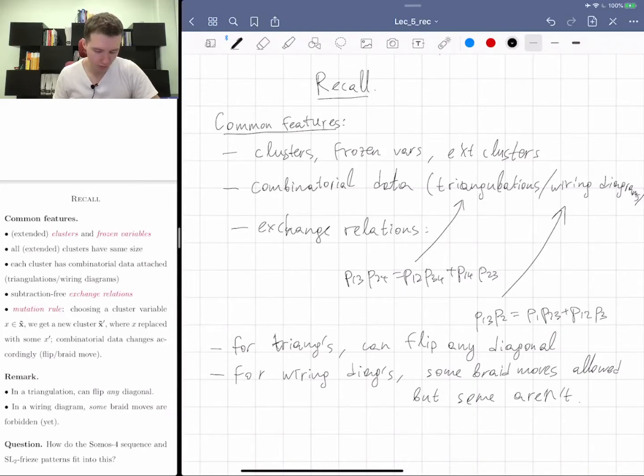And so that's the difference. And then, of course, besides these two examples, we also had the Somos sequence and frieze patterns.